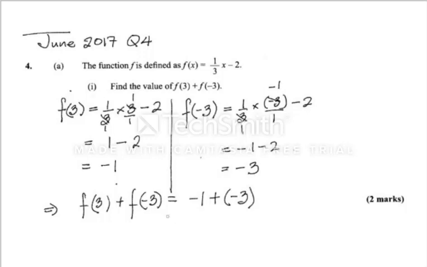So this is the same as saying minus 1 minus 3, because a positive times a negative is a negative, and minus 1 minus 3 is minus 4. And the rule there is saying that if the signs are the same, you must add and keep the sign. So f of 3 plus f of minus 3 is equal to minus 4.